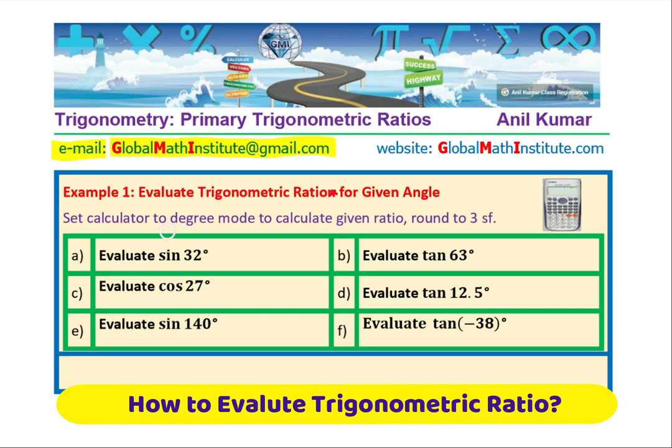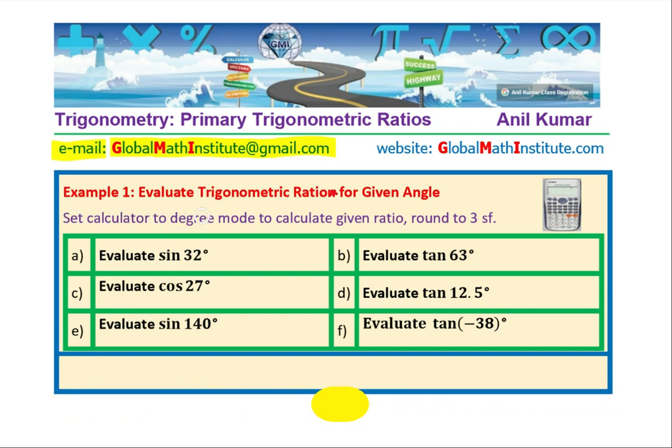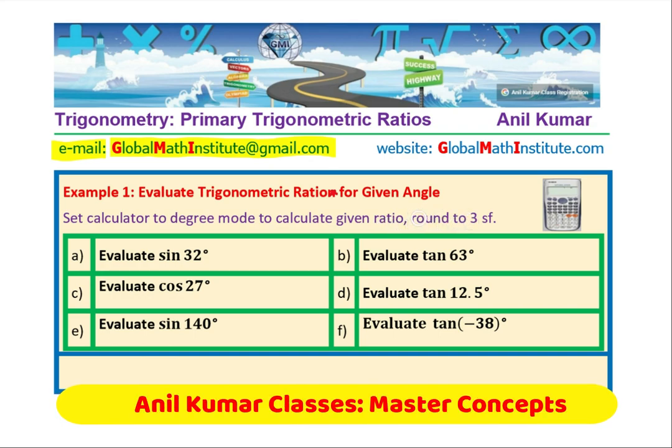So you will also see inverse of these functions, and I'll see how we can use them effectively. So set calculator to degree mode to calculate each ratio. And then once you find the number, round it to 3 significant figures. So this is an exercise which you have to do. Round the answer to 3 significant figures.